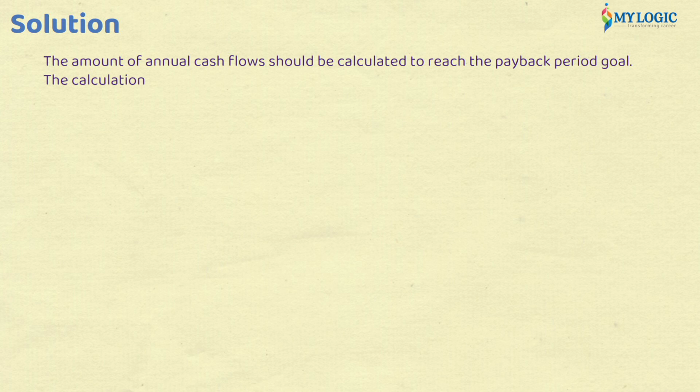Solution. The amount of annual cash flows should be calculated to reach the payback period goal. The calculation part is as under. The depreciation is equal to $2 million divided by 5 years, which is equal to $400,000.